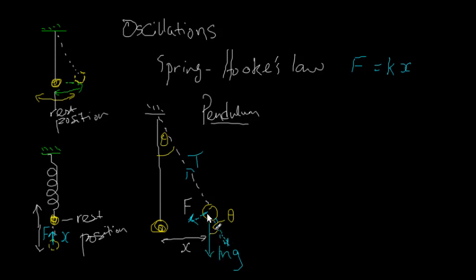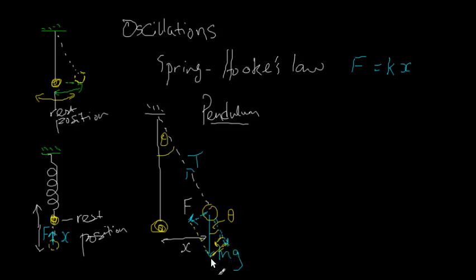Therefore, if I want to find this component, and know that this is mg, I would draw a right angled triangle this way. This side would be the same as this side because this is just a parallelogram or rectangle.